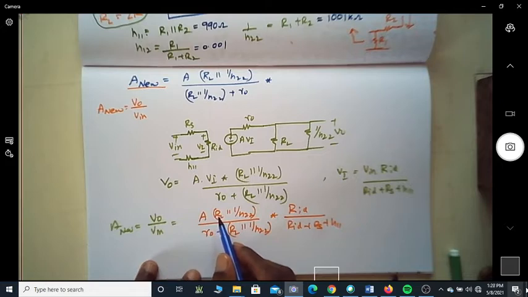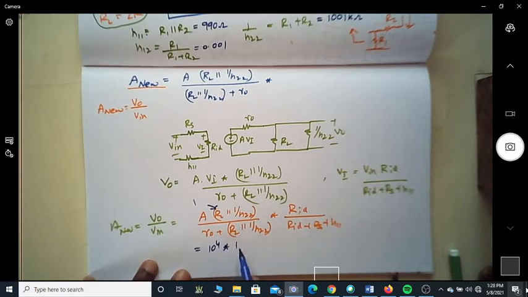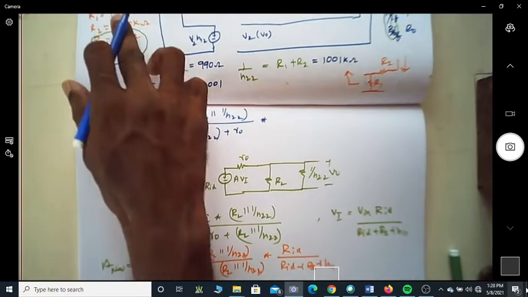So RL in parallel with 1 over H22 happens to be almost 1, let me just write it as 10 power 4 into 1996, which is the approximate value. R naught is actually 1K.